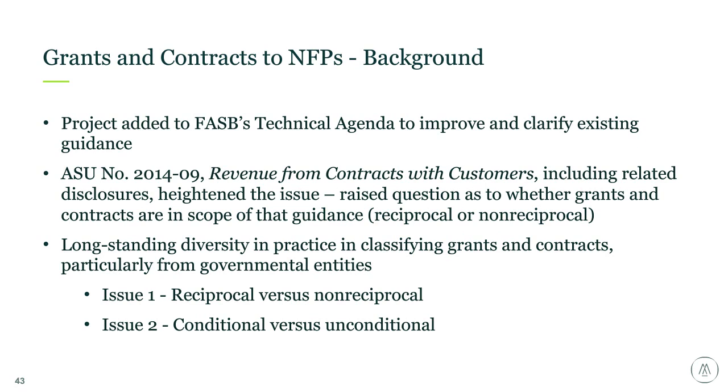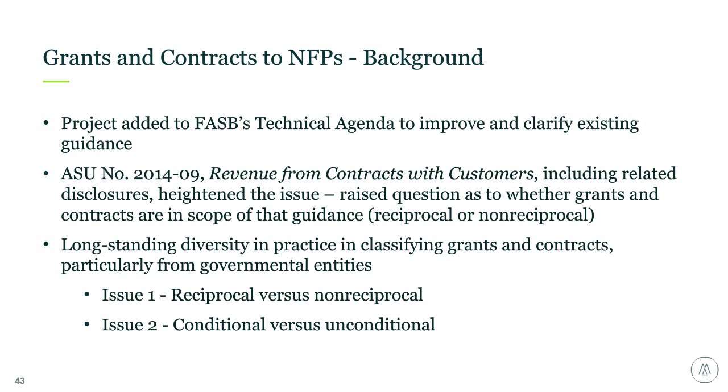So we are going to go through some examples, but when you are analyzing this standard, so when you have a grant or contract coming in, you need to consider two different things. One, is it reciprocal or non-reciprocal? Do you have an exchange transaction or is it a non-exchange transaction? That's the first thing that you need to identify.